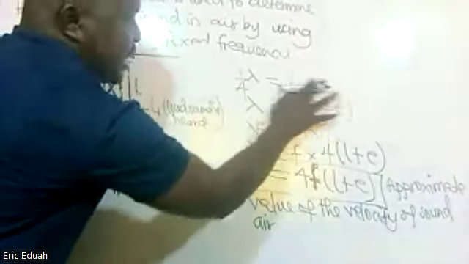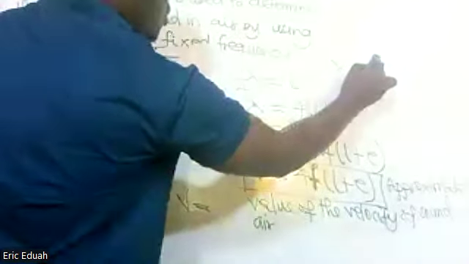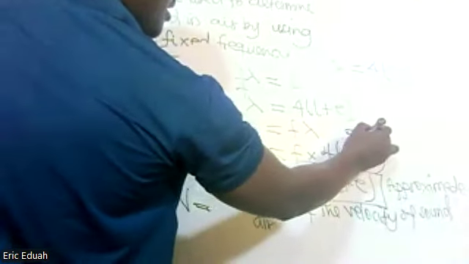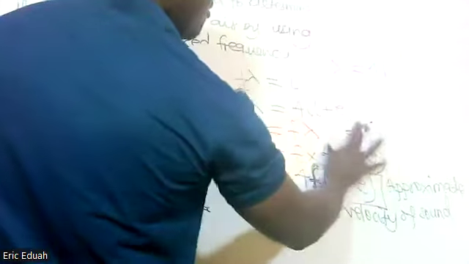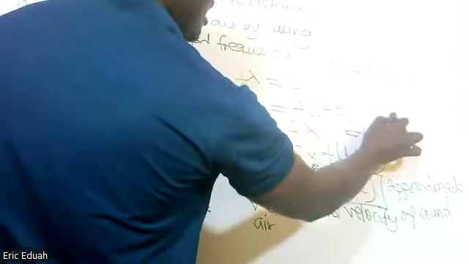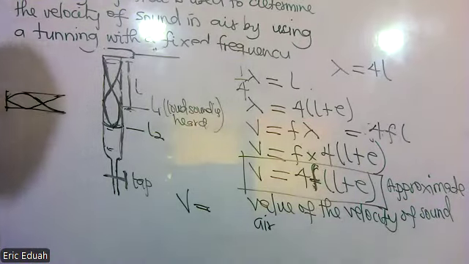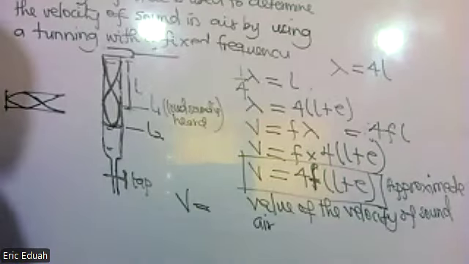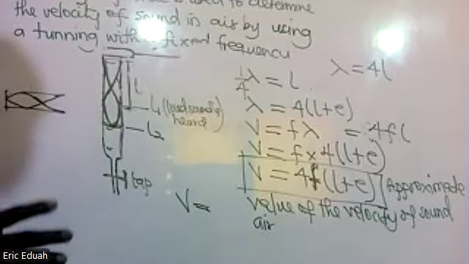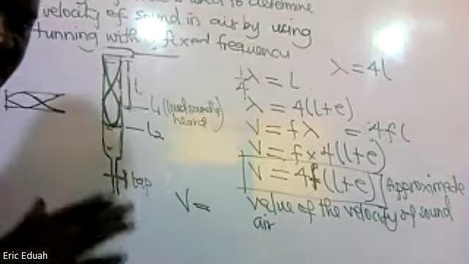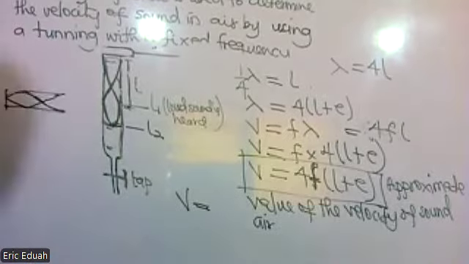This will not be there. And therefore lambda will be equal to 4L, for velocity of sound to be equal to F times 4L, which is 4FL. Take note. So there can be a consideration for end correction, or no consideration for end correction. In practicals, usually we don't consider end correction.